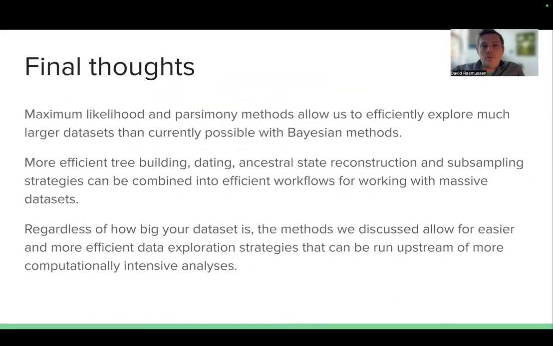But what I hope I showed you today is that even though in many cases we can think about doing full Bayesian phylogenetic or population genomic inference as the theoretical ideal thing to do, which properly takes into account all of our uncertainty in the tree as well as our other evolutionary parameters, there's perfectly valid and very efficient methods for doing some of the same types of analysis, reconstructing trees, dating those trees, and reconstructing ancestral traits, that are much faster and often just as accurate as Bayesian methods.